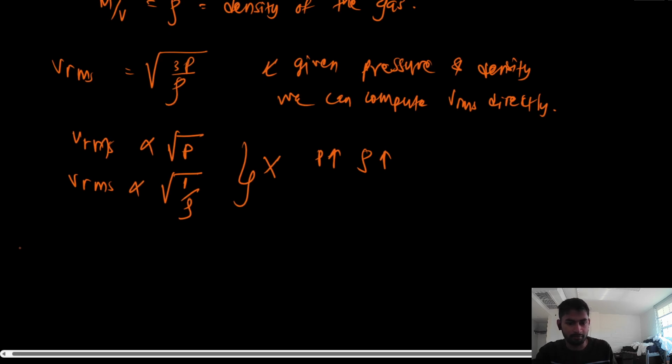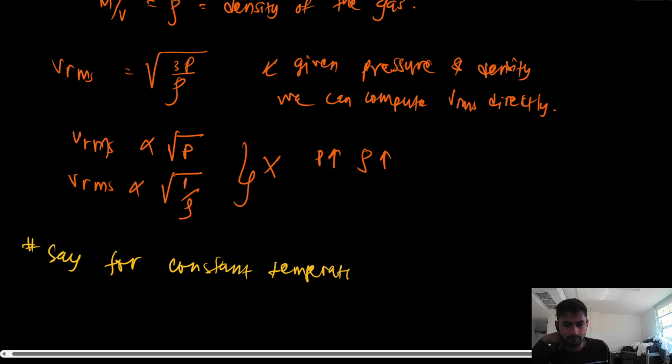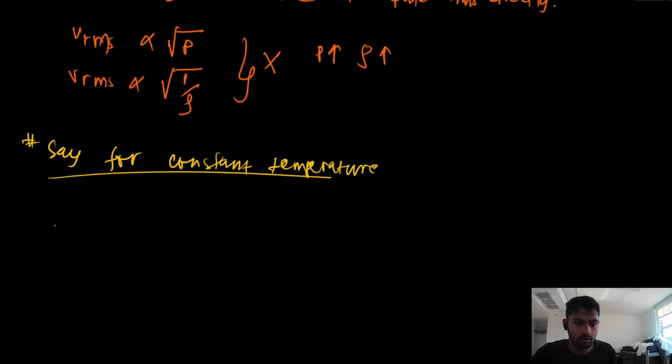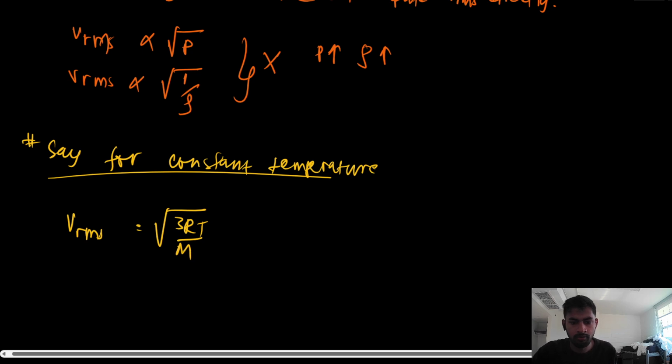There's another case that you might consider in this problem, say, for constant temperature, where Vrms is equal to the square root of 3RT by M, right?